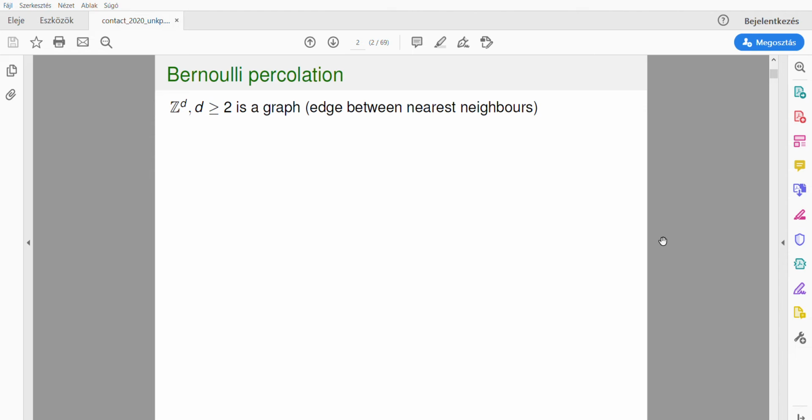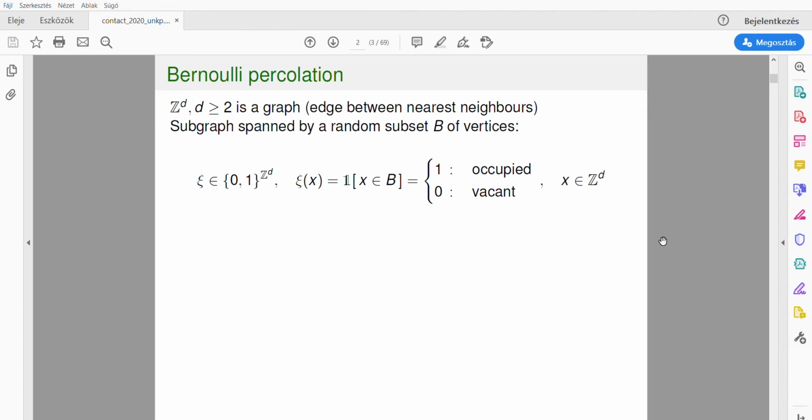So if there are 2 points in the lattice which are nearest neighbor, we put an edge between them. So this is a graph with infinitely many vertices, and this is what we call the d-dimensional lattice. And Bernoulli percolation, or percolation in general, is about the connectivity properties of random subgraphs of this graph.